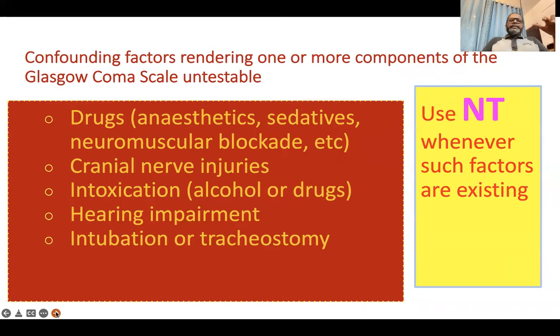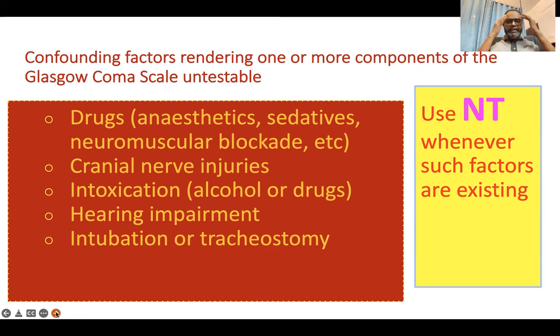One of the major drawbacks of the Glasgow Coma Scale is that there are many confounding factors which mislead the results. These include drugs, particularly anesthetics, sedatives, and neuromuscular blockade agents.